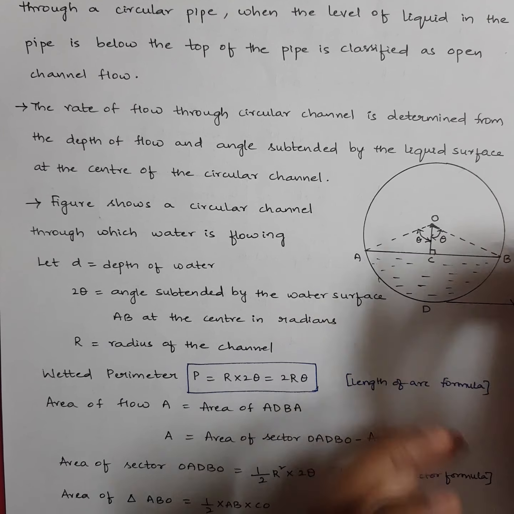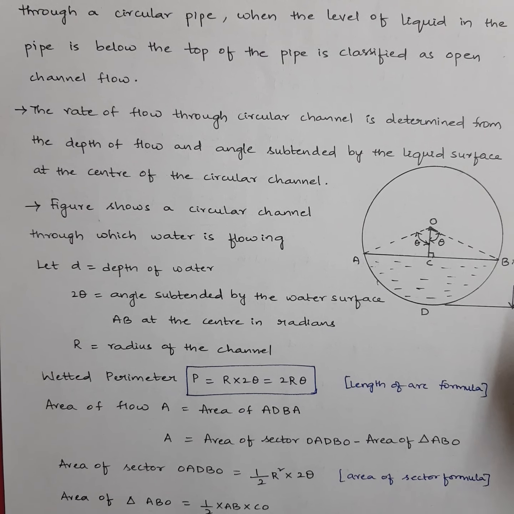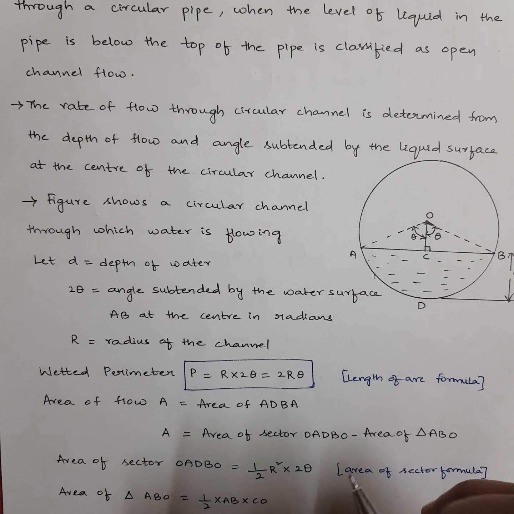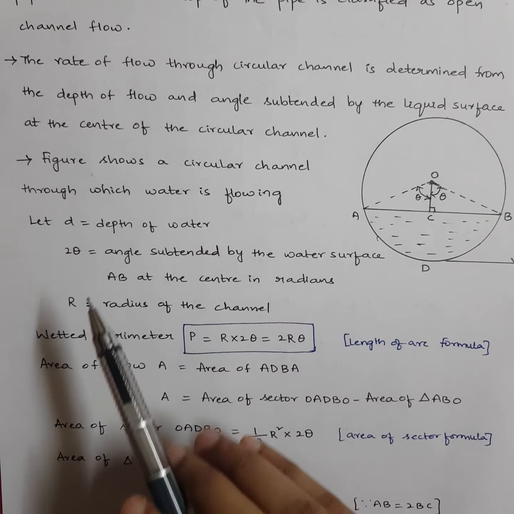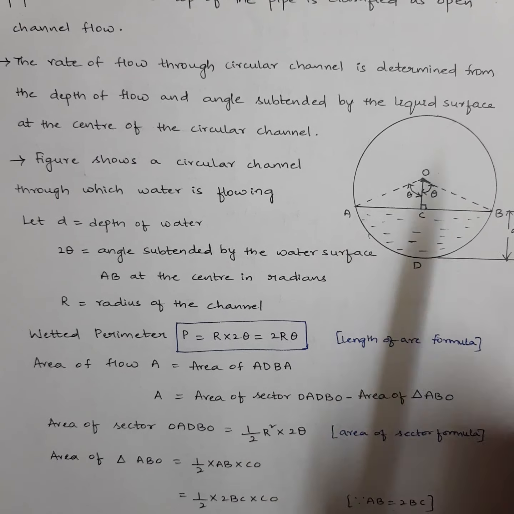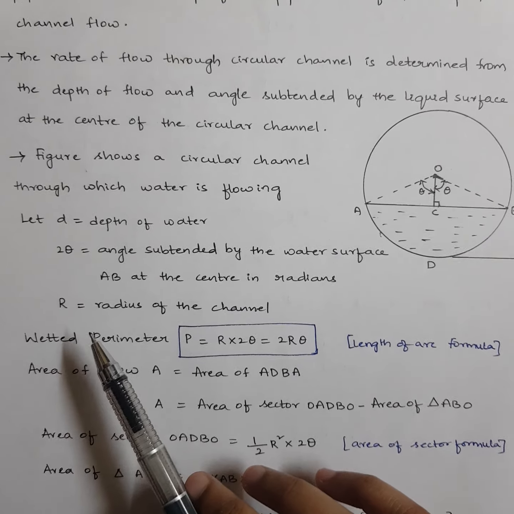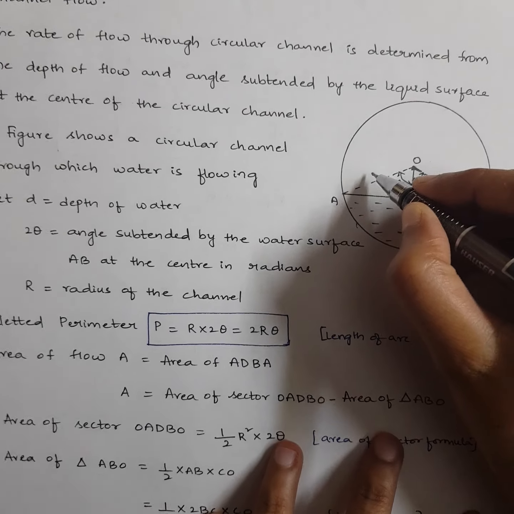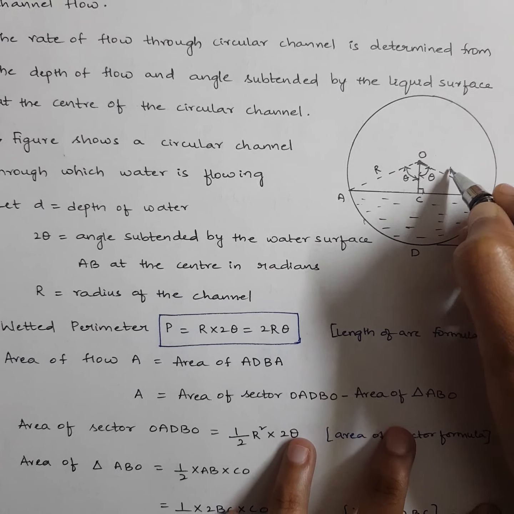As I've told you, D is the depth of water, 2 theta is the angle subtended at the center by the water surface in radians, and capital R is the radius of the channel.